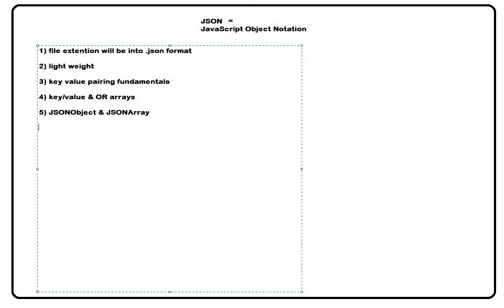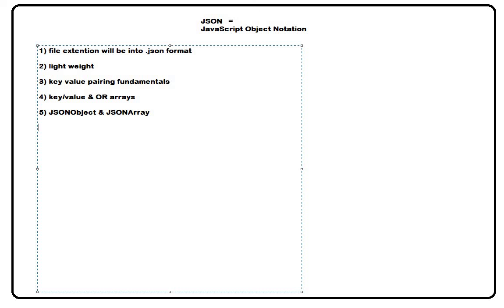Because Java itself is object oriented, an object is just like key value, like a hash map. An array is just like the array in your Java. It's a JSON array because it's JSON format, JSON structure.